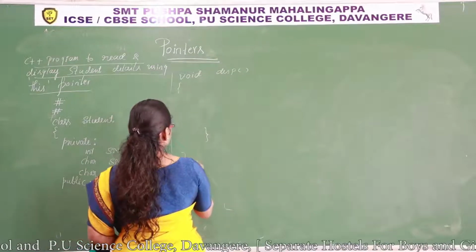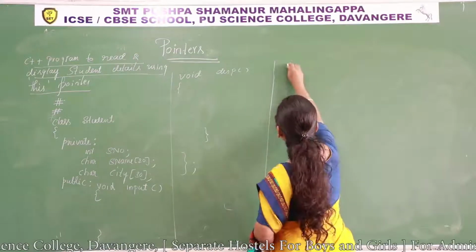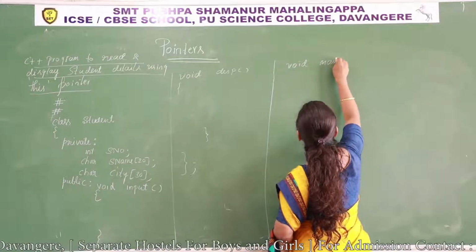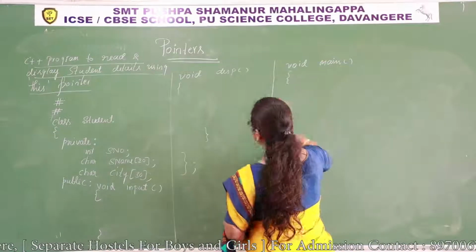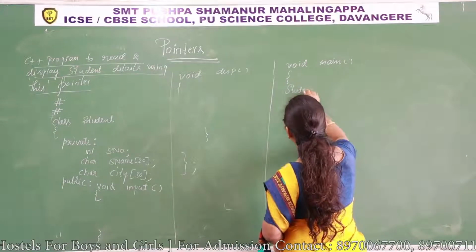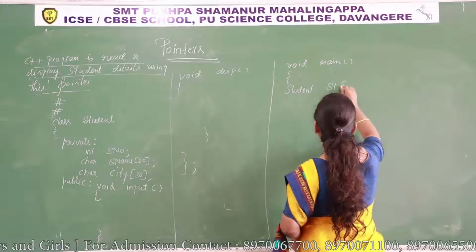Here also. Now I'll write a main function, void main, open flower bracket. So we have to create objects of student. I'll take two objects to illustrate this pointer now, S1 and S2.